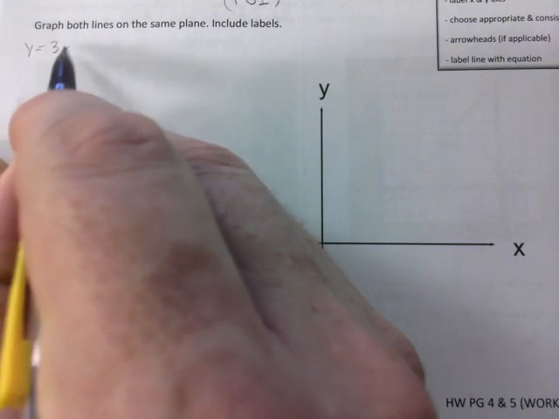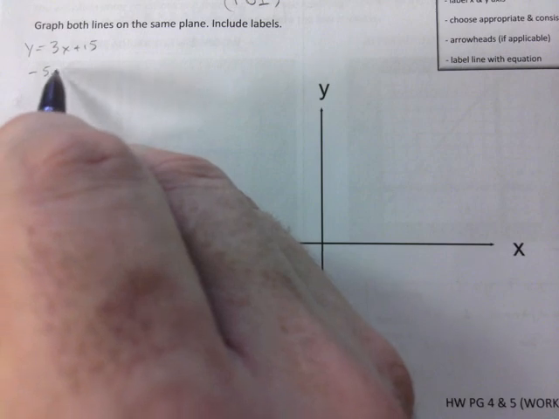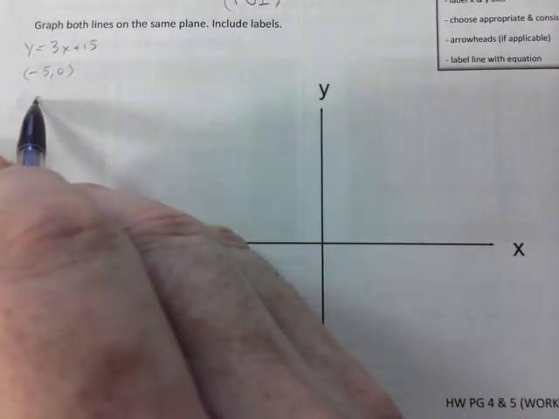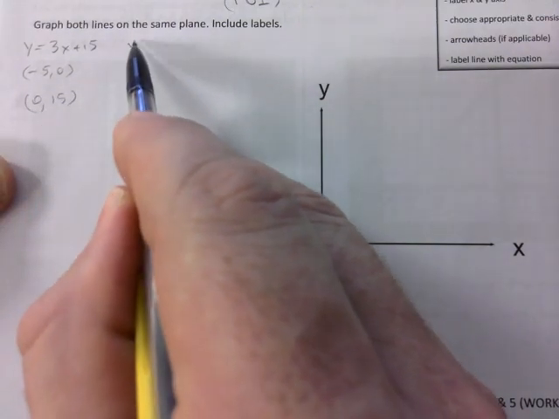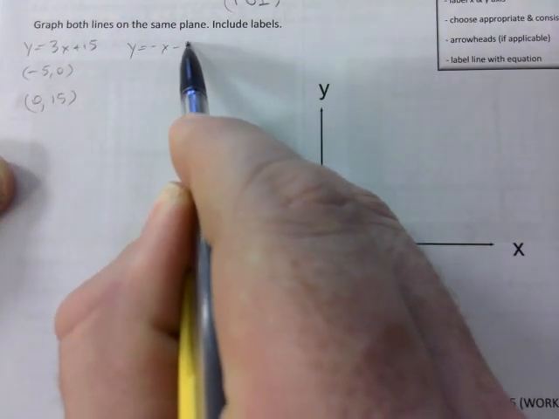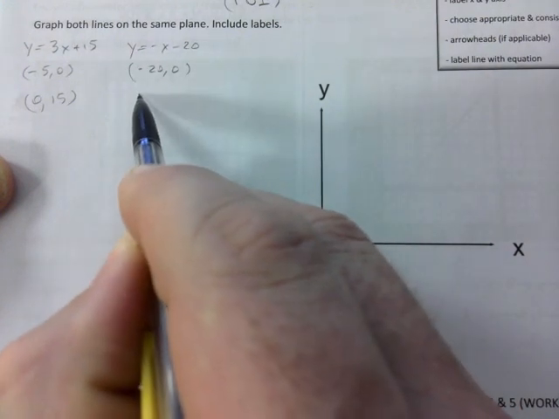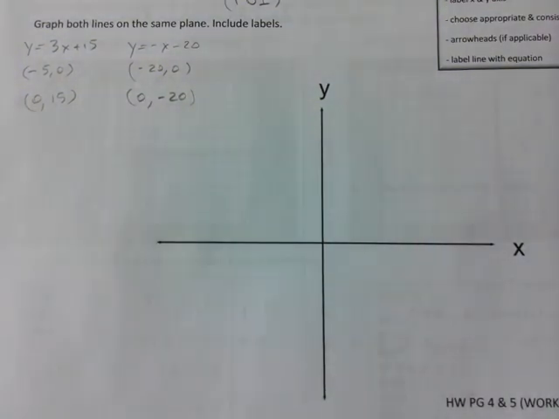Y is equal to 3x plus 15. I'm going to say that we have negative 5, 0 as our x-intercept, and we have 0, 15 as our y-intercept. And for the other equation, we had negative 20, 0, as well as 0, negative 20. Okay, so those are important to have there.